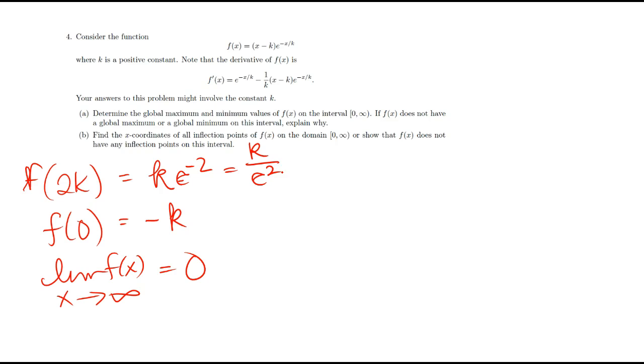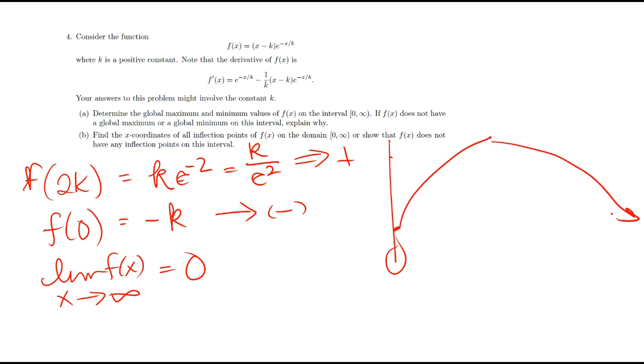K is a positive constant, so this thing right here is positive. This thing right here is negative. And the limit down here is 0. At 0, it's negative. At 2k, it's positive. And as it approaches infinity, it's heading towards 0. That means our critical point is a maximum.